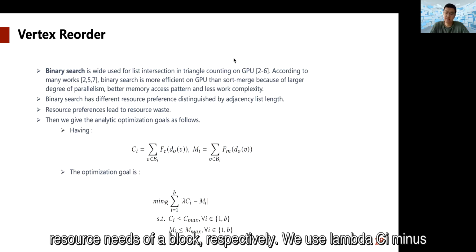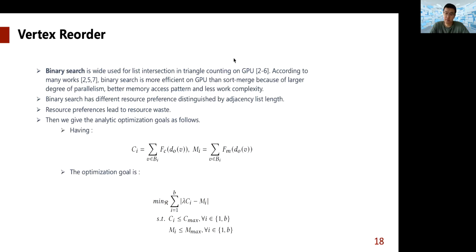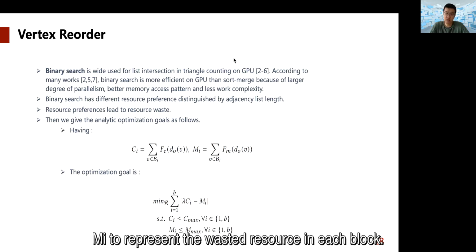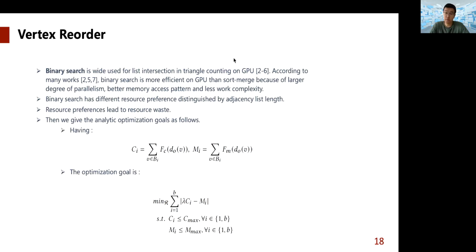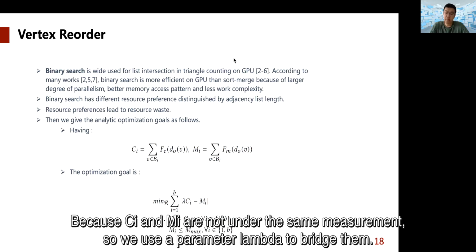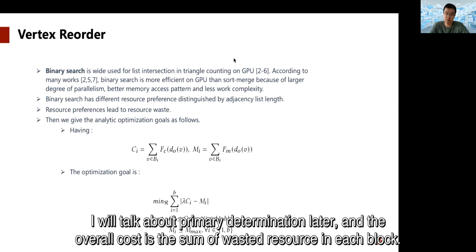We use lambda CI minus MI to represent the wasted resource in each block. Because CI and MI are not under the same measurement, we use a parameter lambda to bridge them. I will talk about parameter determination later.